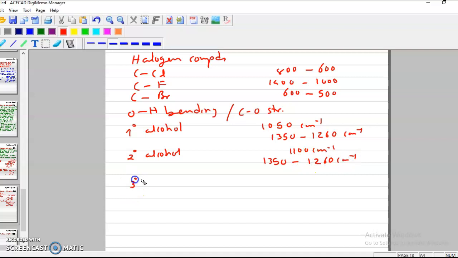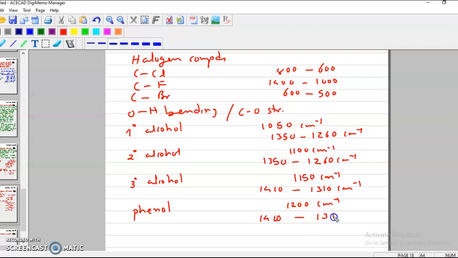In case of tertiary alcohol, we will observe 1150 and 1410 to 1310 centimeter inverse. And phenol, 1200 centimeter inverse and one at 1410 to 1310 centimeter inverse.